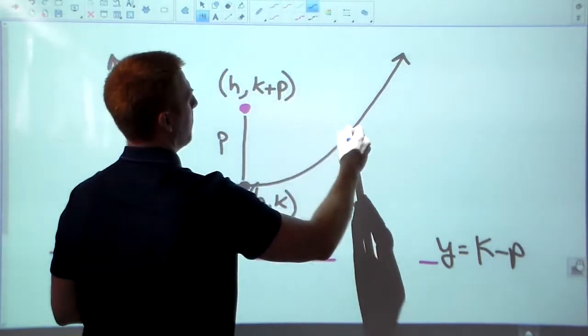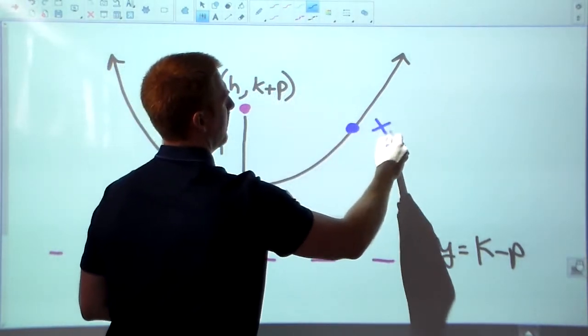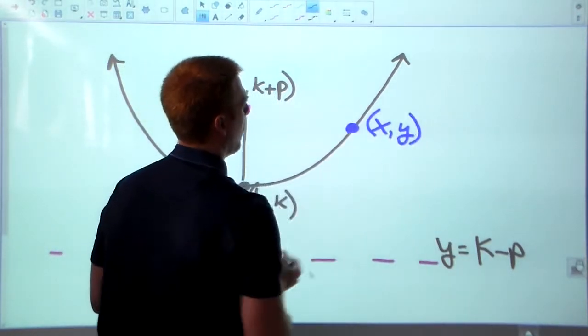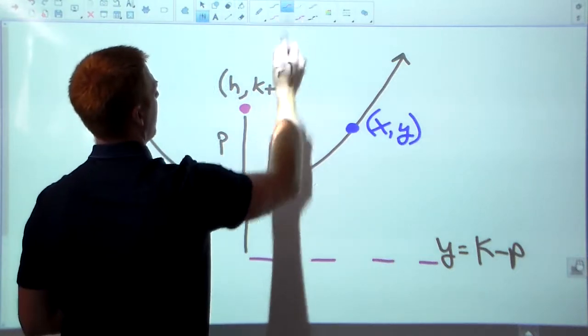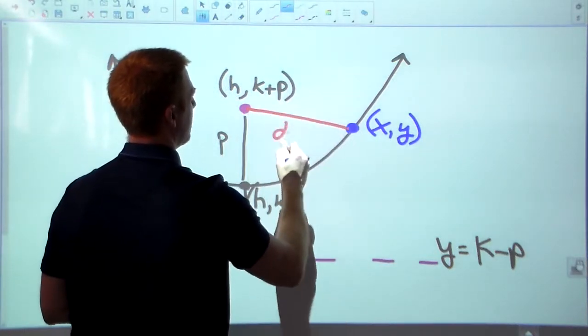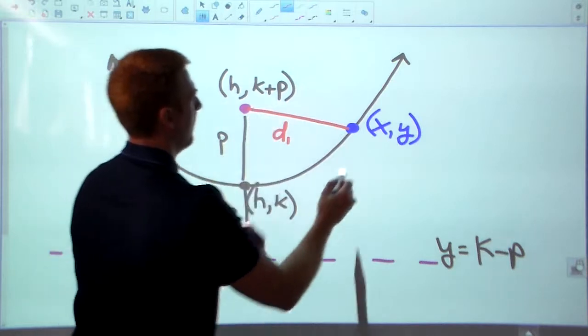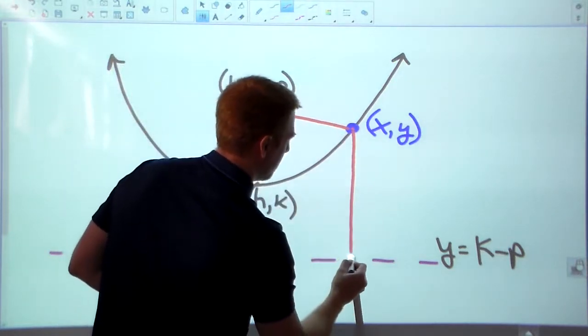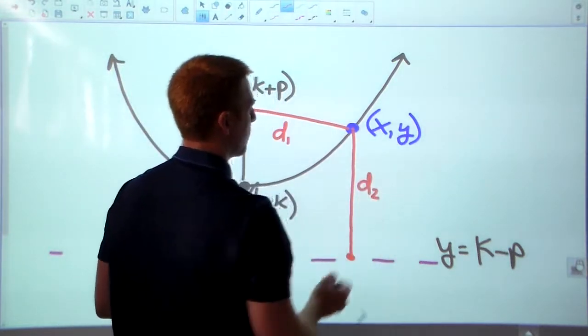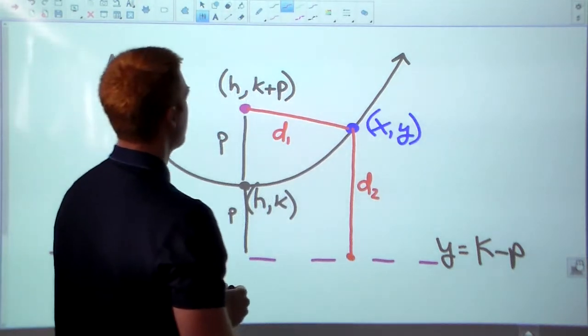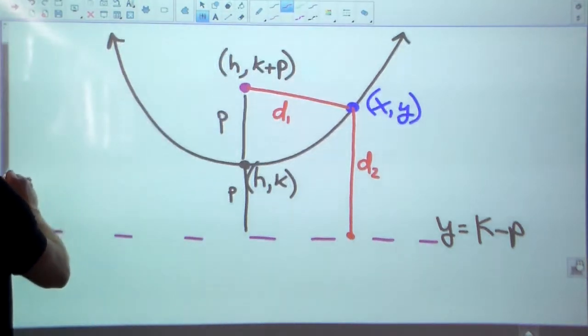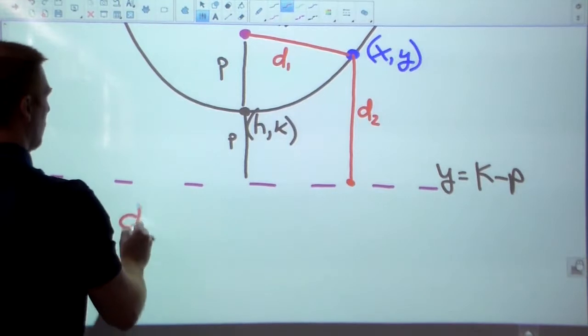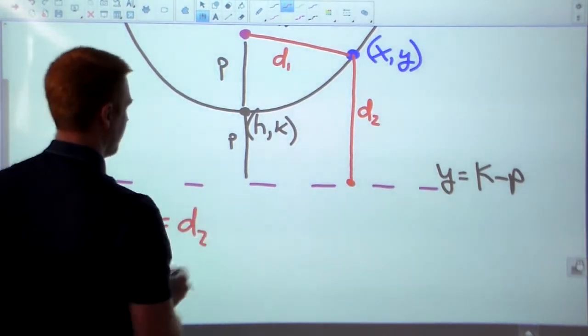All right, let's put a point on the parabola. So some (x, y) coordinate, and whatever this distance is to the focus from that point would be the same distance to the directrix below. So that's where we're going to begin deriving this thing. d1 is equal to d2.